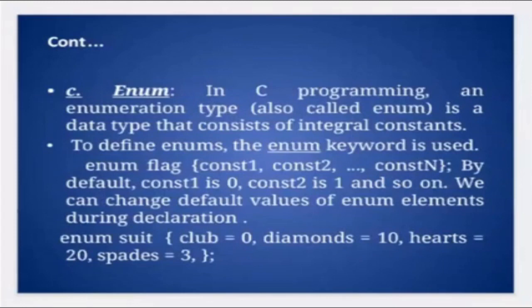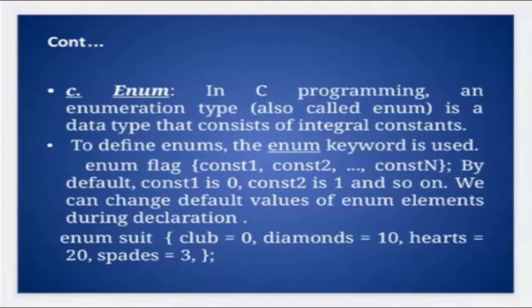And the enum. In C programming, an enumeration type, also called enum, is a data type that consists of integral constants. To define enums, the enum keyword is used: enum flag within curly brackets, constant 1, constant 2, up to constant n. By default, it will assume constant 1 is 0, constant 2 is 1, and constant 3 is 2, and so on.